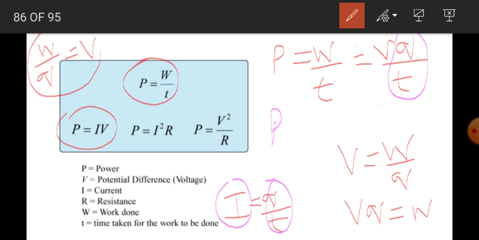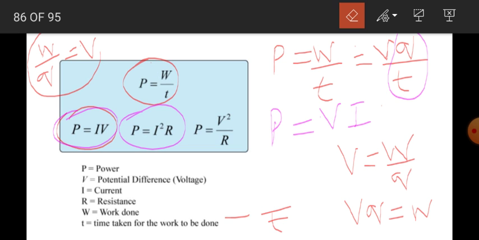I have got my first equation, V into I. The relationship between power, voltage and current: P is equal to VI. Using the formula of potential difference, we can derive this formula. Once we have this formula, we can easily derive the second formula. Check this one out.